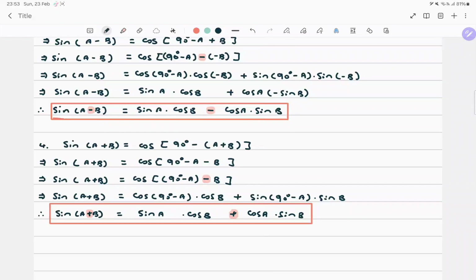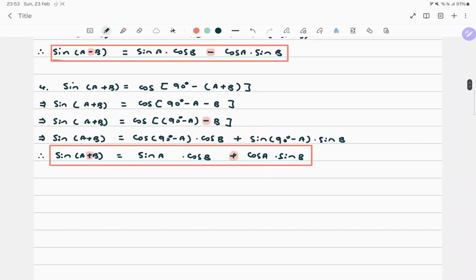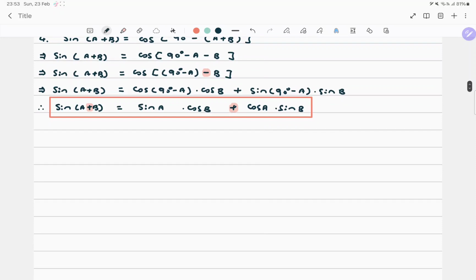Now I have shown you guys the tan compound angle identity. I will not do the proof, but I will show you those identities. So we know that when we've got tan of a minus b, what do we have?